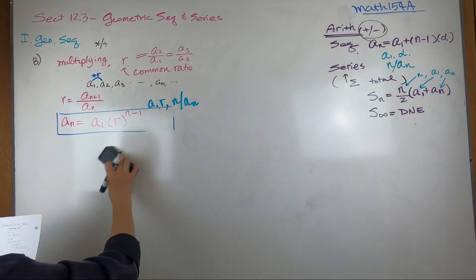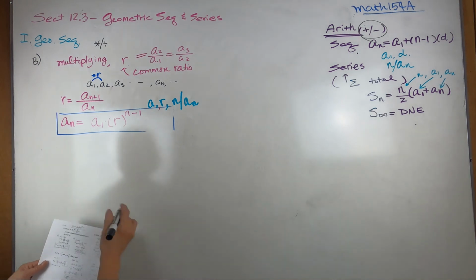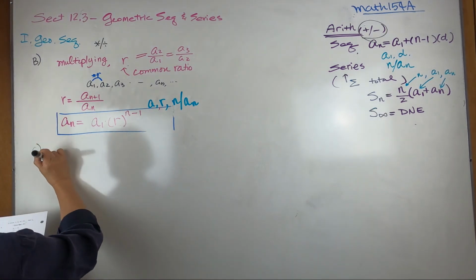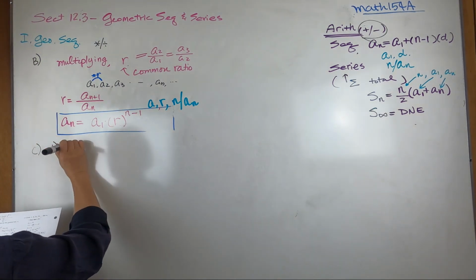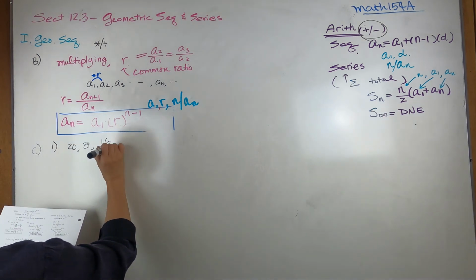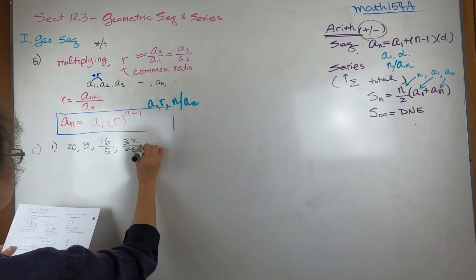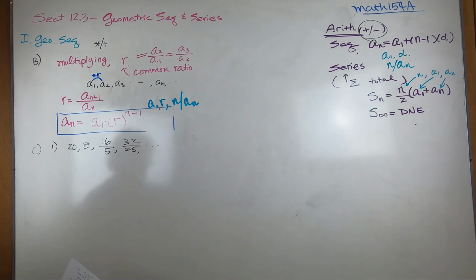Okay, let's practice some of those. Look at your page 63. Let's see some examples. Suppose I have 8, 16/5, 32/25.